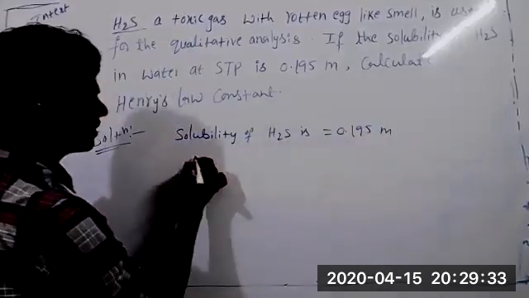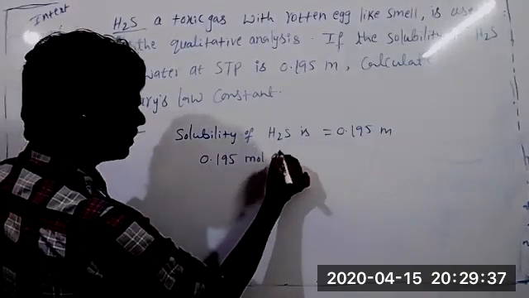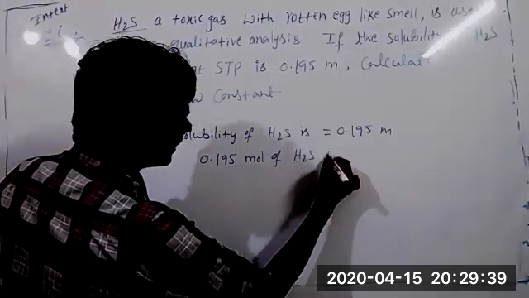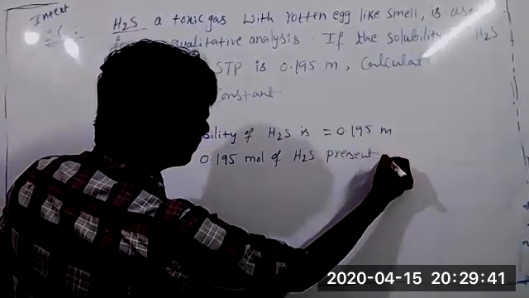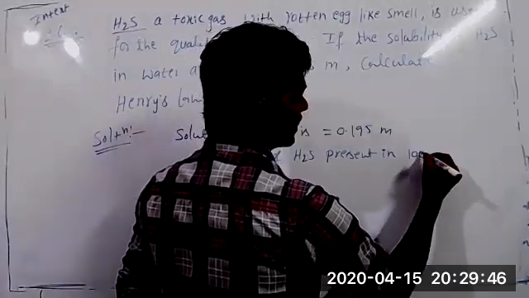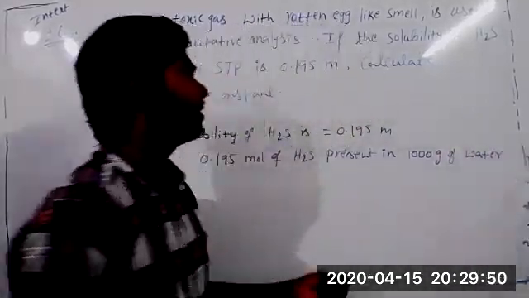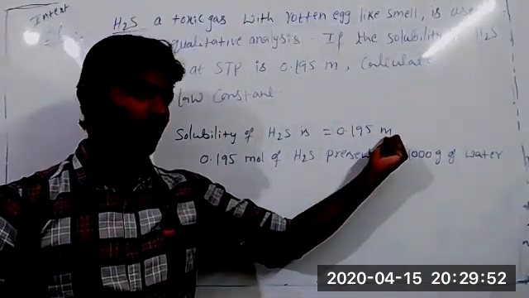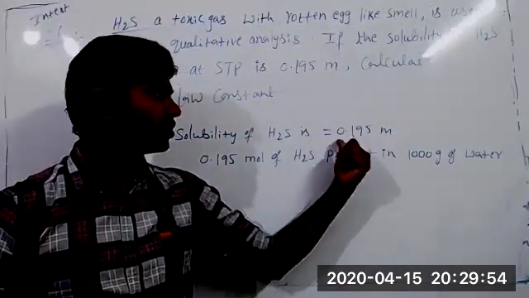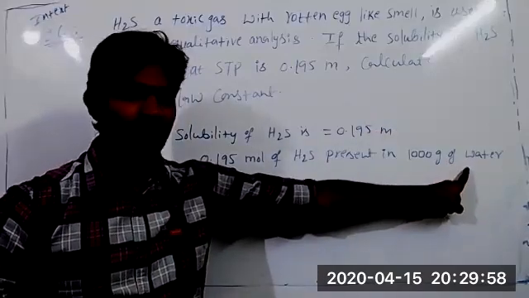It means 0.195 moles of H2S is present in 1 kg solvent, or 1000 grams of water. Here molal, not molar. So 0.195 moles of H2S is present in 1000 grams of water.